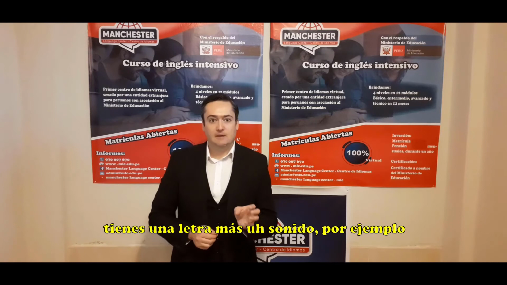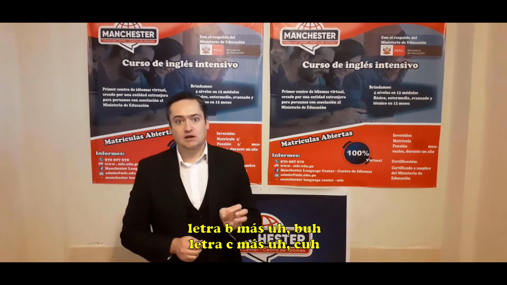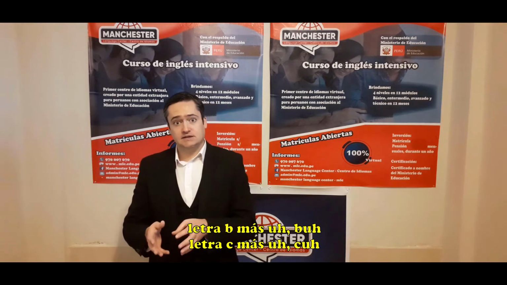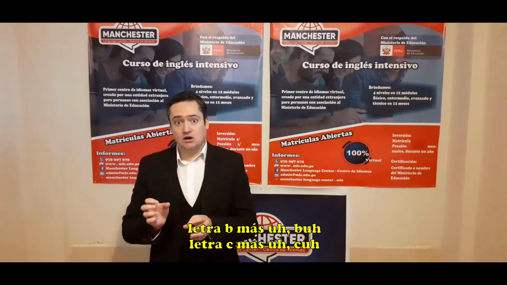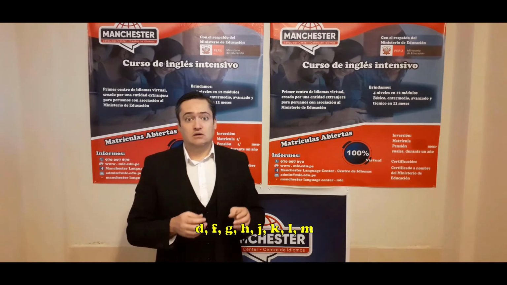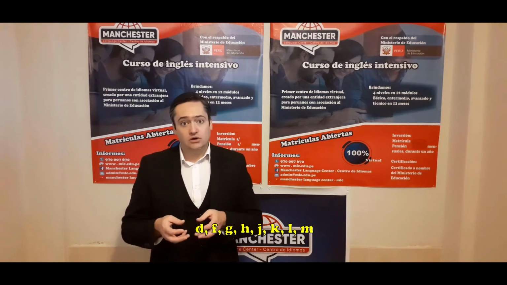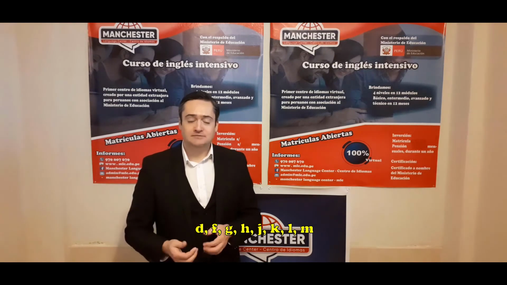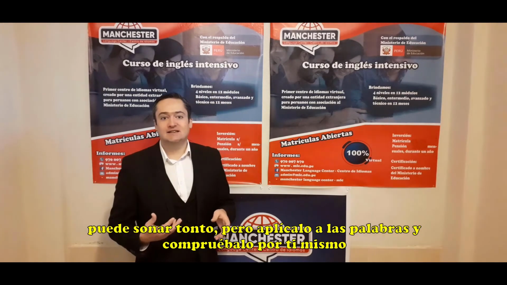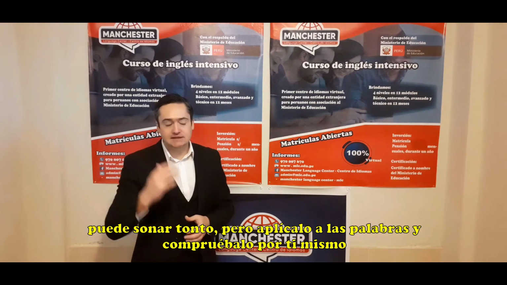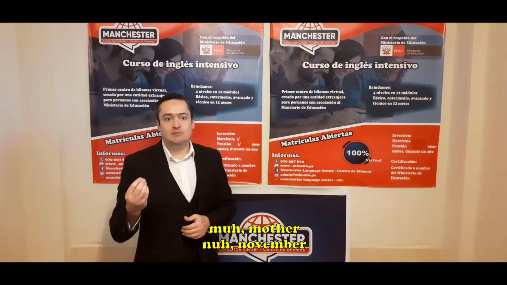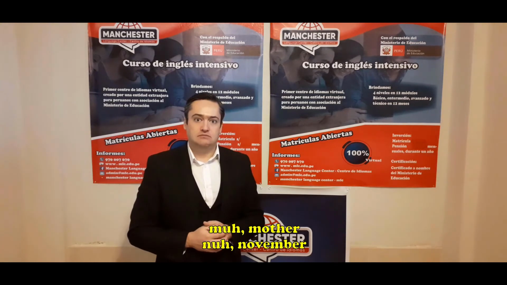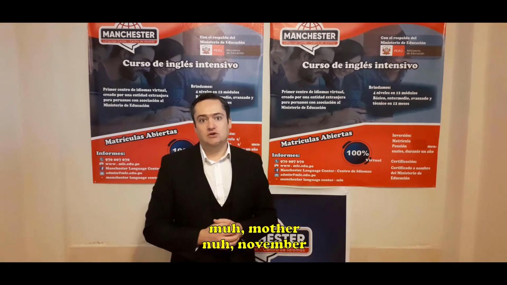So for example, B in lowercase would be the letter and the sound, so it becomes B. Next, the letter and K, D, F, G, H, J, K, L, M. So I know it sounds a bit silly, but again, apply it to letters, apply it to words. So for example, M, that was the last letter. Mother. Yeah? November.